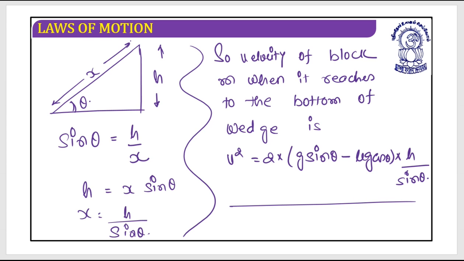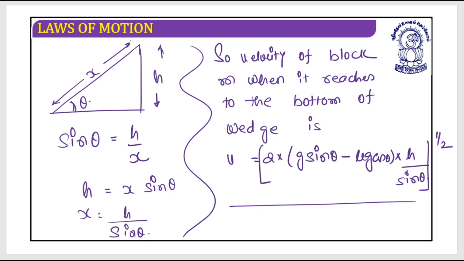This would be the final answer. I hope this is clear. Again, this is v square, so if you want v, then you need to take the square root, to the power 1 by 2. This is the final velocity. Do you understand this? Yes?